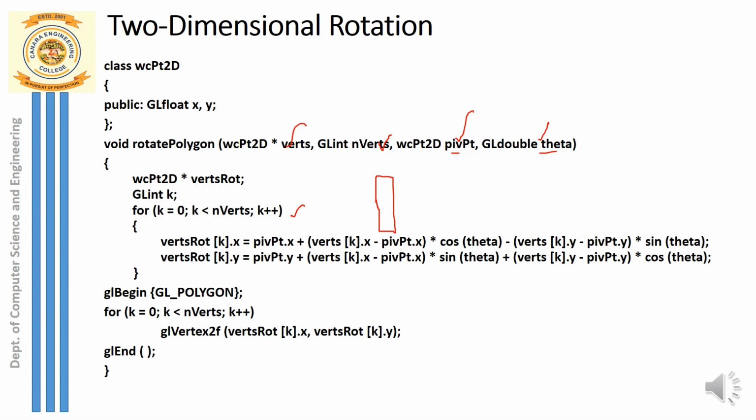So all the points will be rotating, so all the points you are supposed to compute, for which you require a for loop. So you can see the first statement inside the for loop is for calculating the x coordinate of the new rotated point, and the second statement in the for loop is nothing but the computation of the y coordinate of the rotated point.